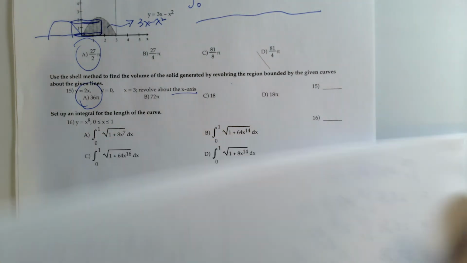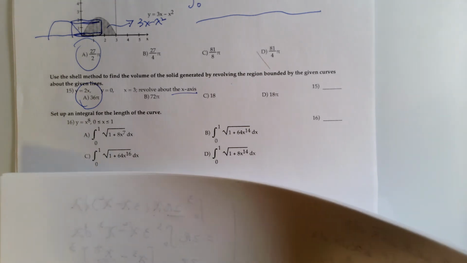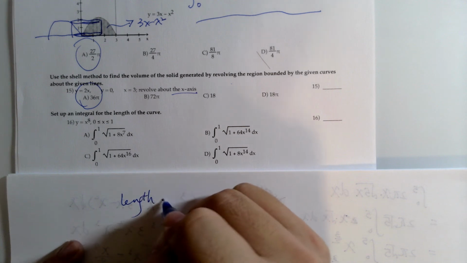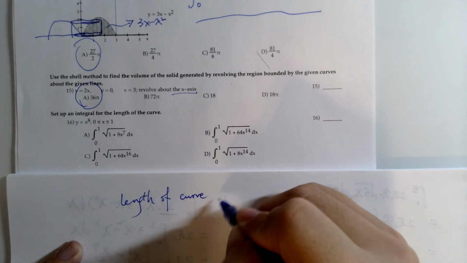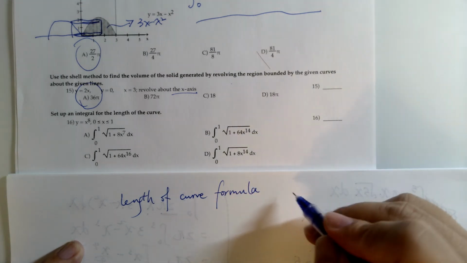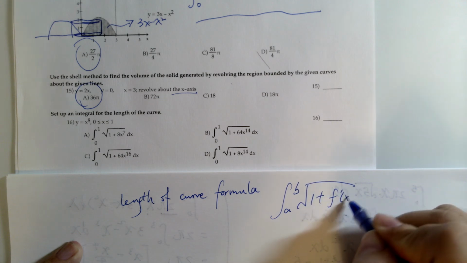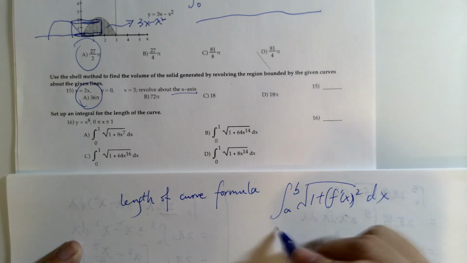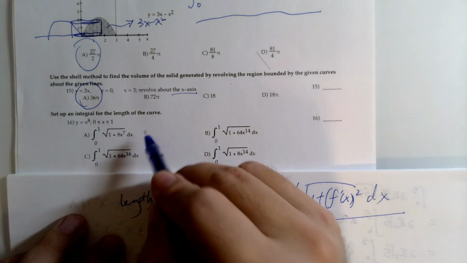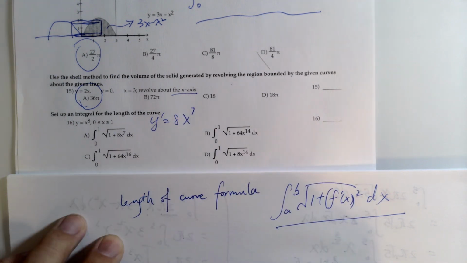Okay. Next, 2 parts. Set up the integral here. The length of curve formula is given by the integral from a to b of the square root of 1 plus the derivative squared dx. So in this problem, y equals x to the power 8, so y prime is 8x to the power 7.